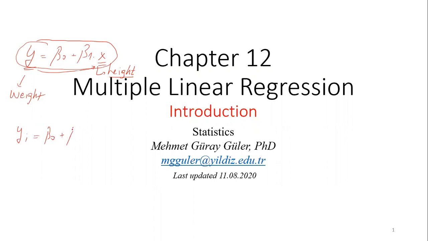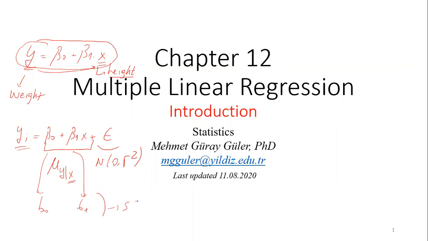It comes from epsilon, the normal random variable with zero mean and sigma square variance. This is what we call mu of y given x. The expected value changes with different values of x, and we estimate these values using B0 and B1.